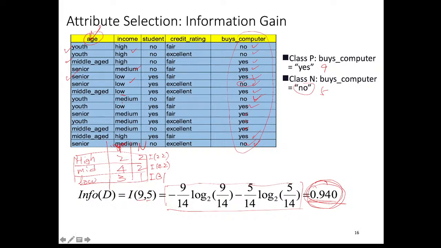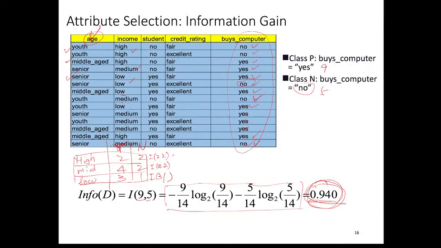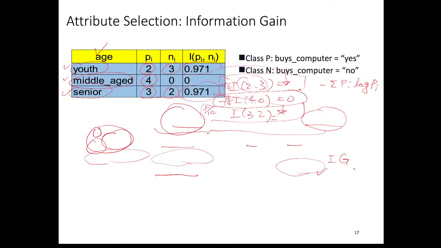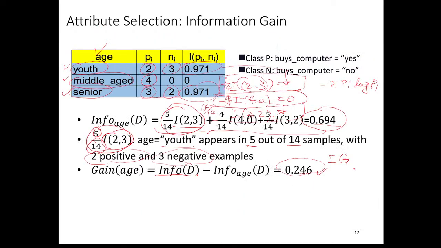Okay. So this has to multiply by 4 over 14, this has to multiply by 6 over 14, and this has to multiply by 4 over 14. And you just add them together, and that should give you an entropy. And then that's this, okay?